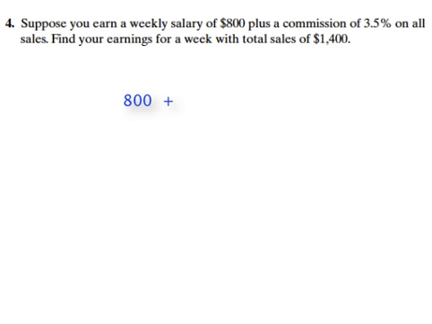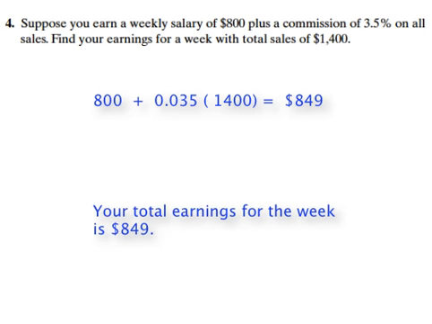So we're going to have to use the decimal 0.035 for the percent and multiply that times the 1,400. So we end up with 800 plus 0.035 times 1,400, which is $849. So your total earnings for the week is $849.